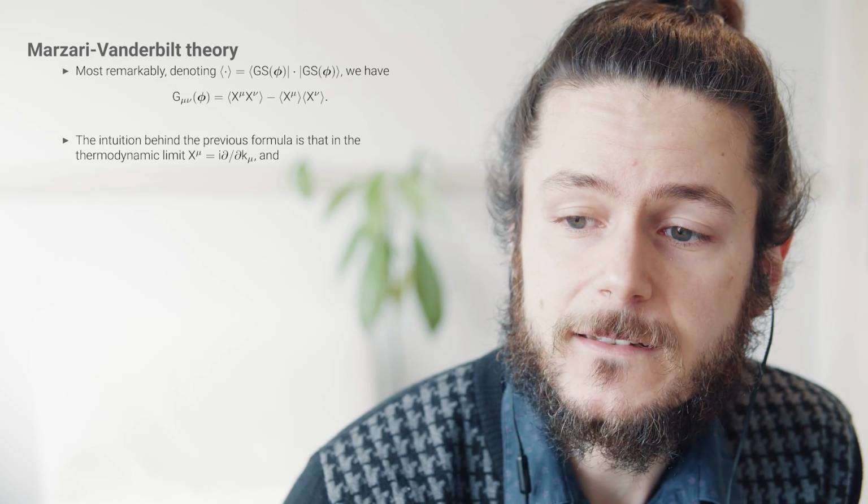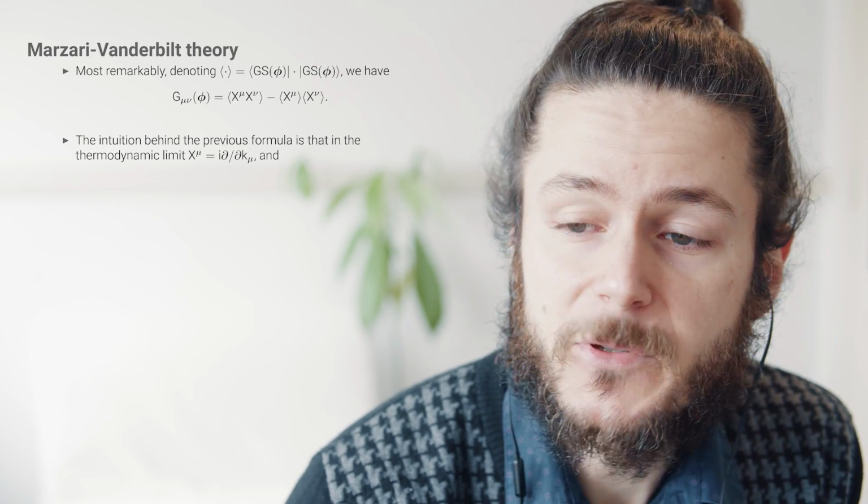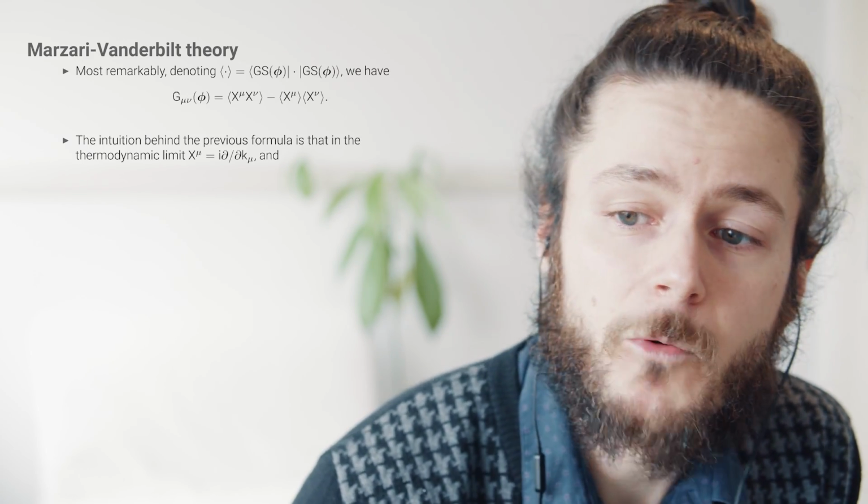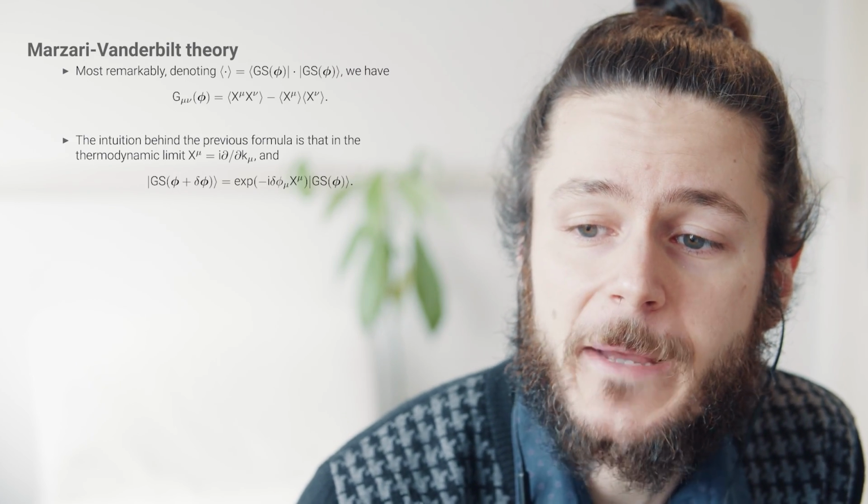Let us see how this emerges, at least intuitively. If I take the thermodynamic limit, the position operator becomes a well-defined object, and it is essentially the derivative with respect to Bloch momenta k.